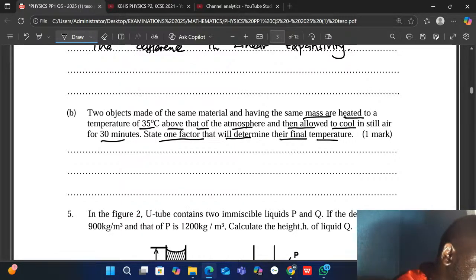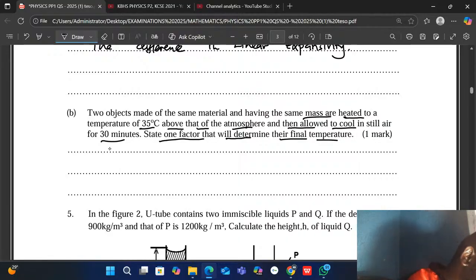They are two objects made of the same material, having the same mass, and they are at the same temperature of 35 degrees Celsius. Then they are let to cool within 30 minutes. So the shape of these objects could be the factor.